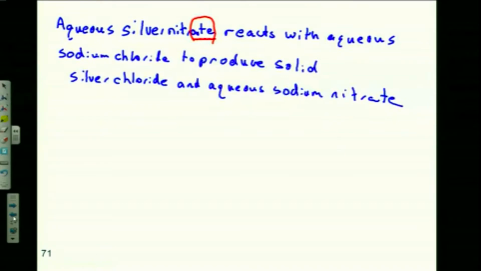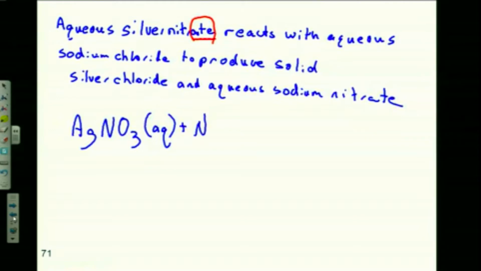So, silver nitrate, AgNO3, is aqueous, AQ, reacts with NaCl, and it is aqueous, to produce silver chloride, +1 -1, right?